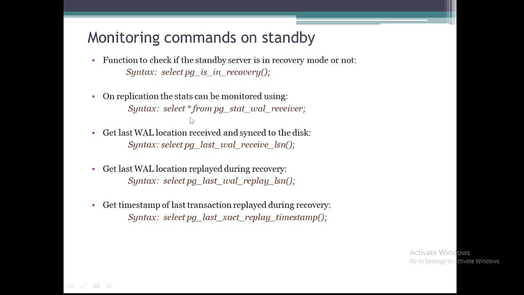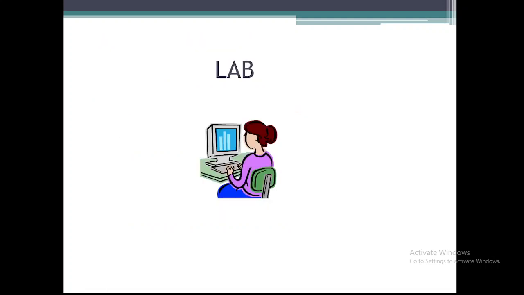Then replication stats can be monitored. It will give you all the stats of the WAL receiver, the WAL location and the last LSN, the last WAL location replayed during recovery, and the timestamp of the last WAL record replayed during recovery.